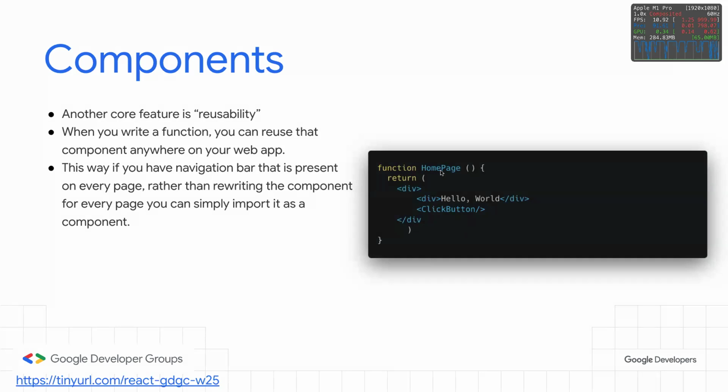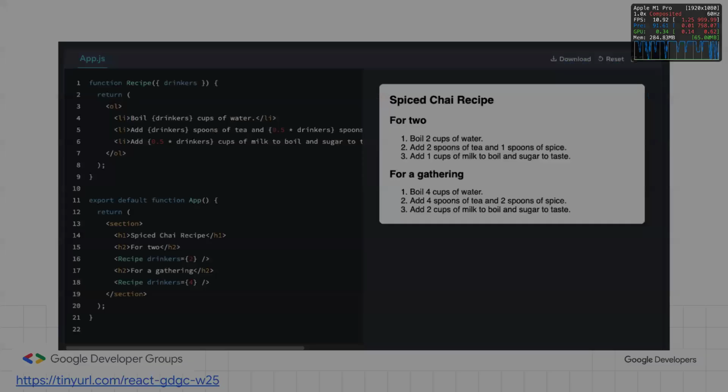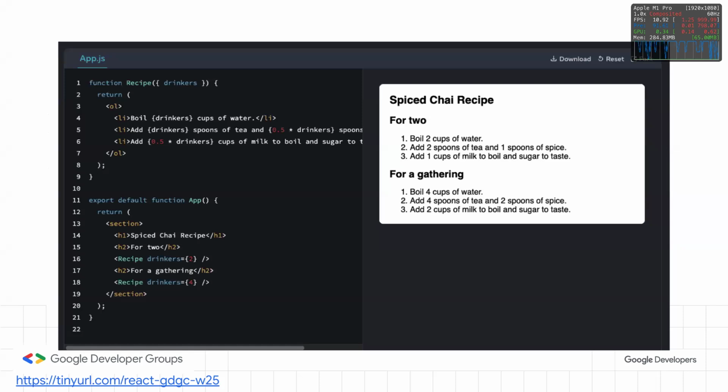So maybe the home page is the actual website, and ClickButton is just a very small part of it. So you can just refer to it and it works again automatically. I'm going to get into the tree later, but this is an example by Facebook itself. This is the example they provided of referring to a component.